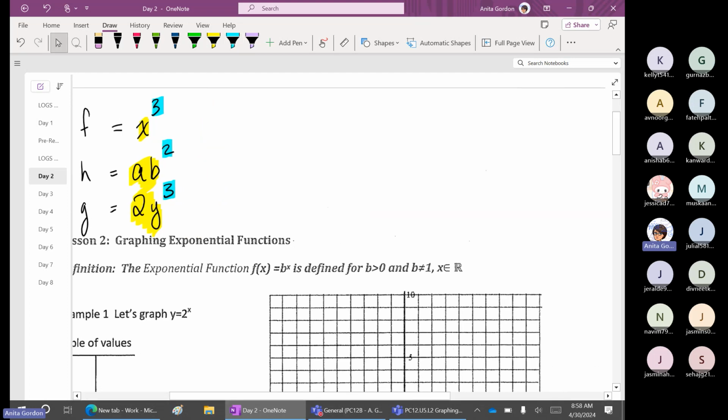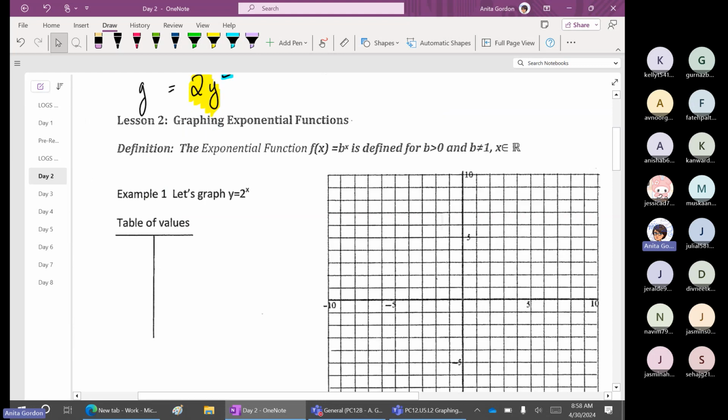And what we're going to do in this unit starting today is now we are going to have a function where the base of the function is a number and the exponent is now the variable. So the base doesn't change, but the exponent is a variable number. So these are the properties that we are graphing.